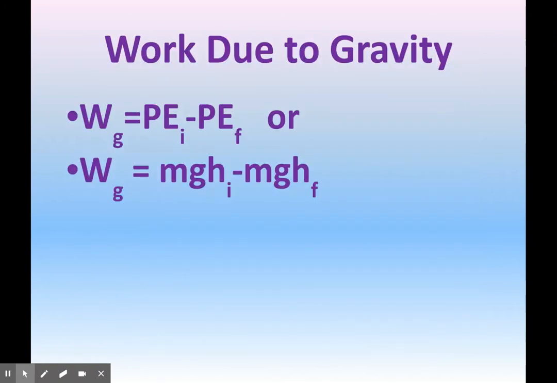We can also solve for work based on our potential energy, but this time it's going to be initial potential minus final. So we can use mgh for our initial height and then our final height.